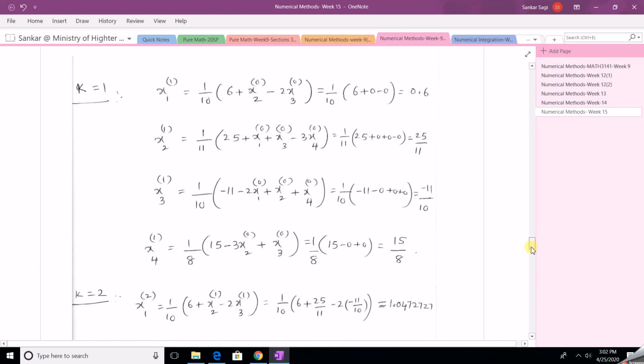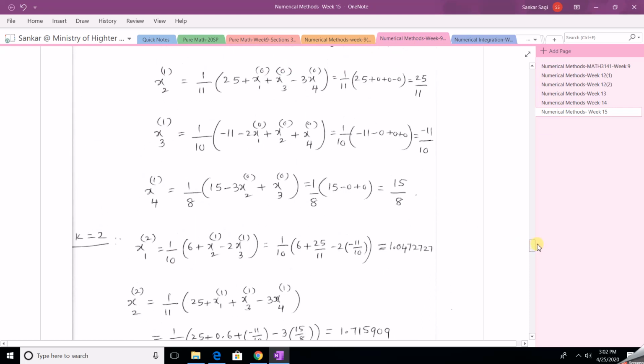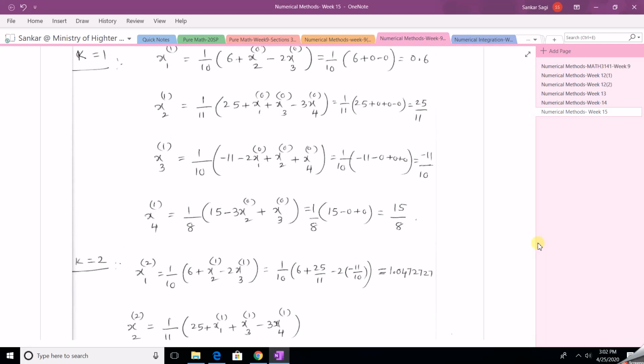By putting k equal to 2, we get the second approximation of x1 equal to 1 over 10 times 6 plus x2 1, that is the first approximation of x2, minus 2x3 1. Now we have to put these first approximation values.